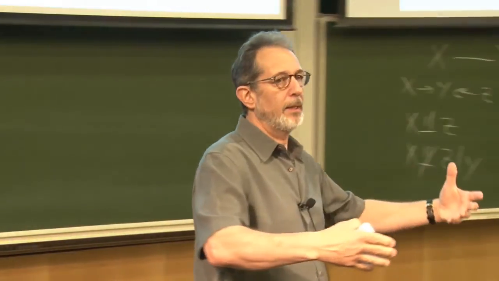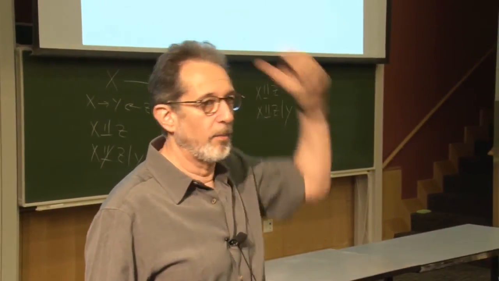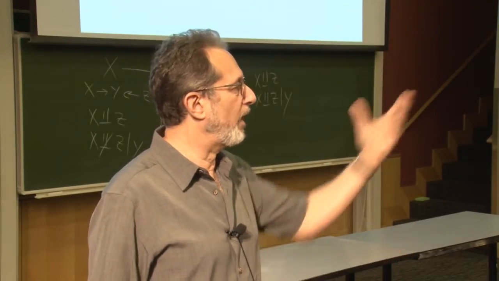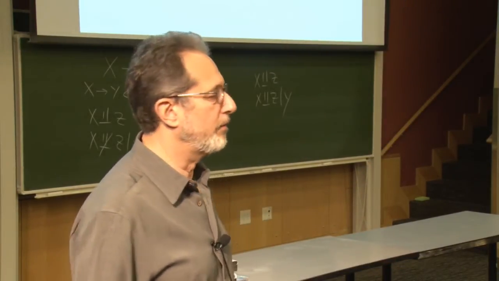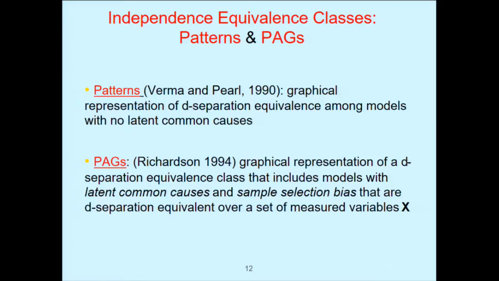Okay, so that brings me to the next topic. What do I do now if I'm really looking for models and I'm willing to admit that I might have only measured certain of the variables, and the common causes that I didn't measure are still out there lurking, and I want to deal with them? Well, we do have this beautiful theory about that, and it's really based on partial ancestral graphs, which are a way to represent the d-separation equivalence class that includes models of latent common causes that I've left out, and sample selection bias, which I'm not going to talk about.